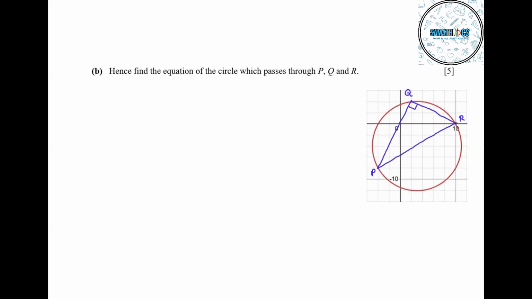So if we take out the midpoint of PR, that will be the center of the circle, right? So the center of the circle is equal to the midpoint of PR.